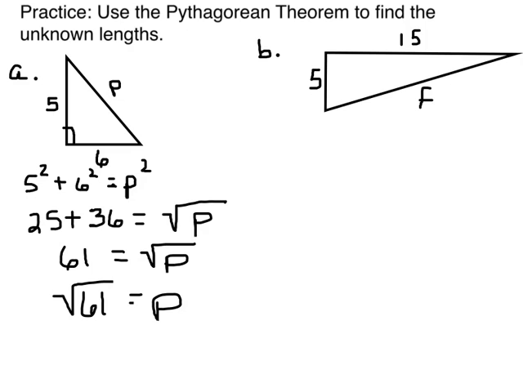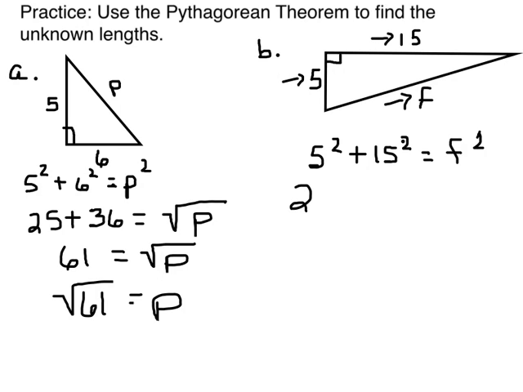Alright, in B, can you look at it and tell me which side is the hypotenuse? Well, here is your right angle, so this is going to be A, and this is going to be B, and this is going to be C in our formula. So 5 squared plus 15 squared is equal to F squared.